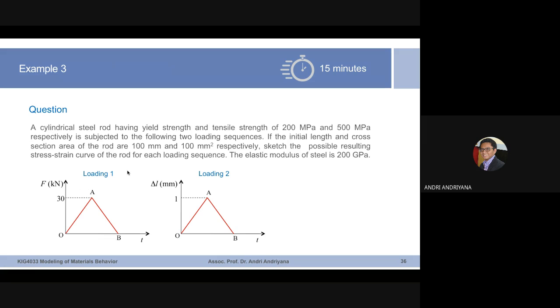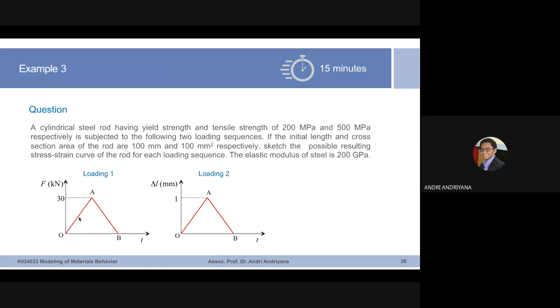Both simply mean that you load the material and then you remove the load from the material. The only difference is the type of load: in loading 1, it is force you impose, in loading 2, it is displacement that you impose. So in the first loading type, the material is initially at 0 force.